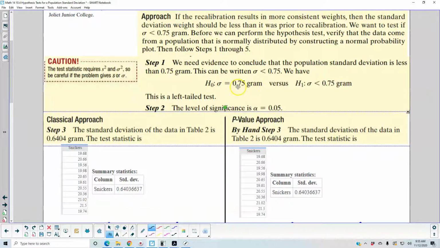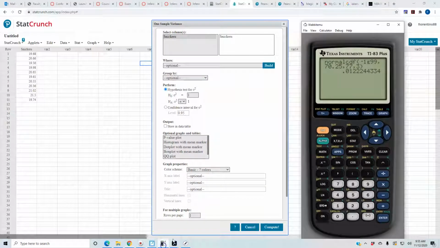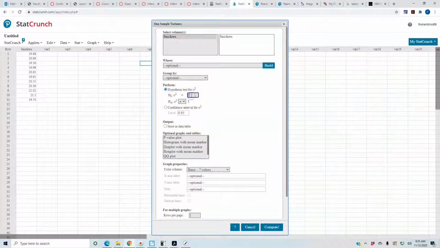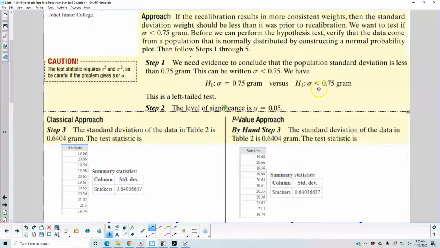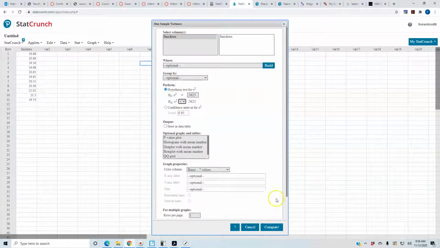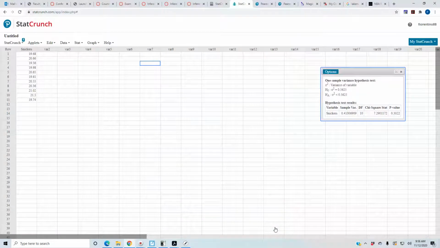That means we'd have to square the 0.75. Recall that 0.75 squared is 0.5625. So we're going to put in 0.5625, and then we're going to choose less than, because that's what it says in our alternative hypothesis. And then we're going to select Compute.